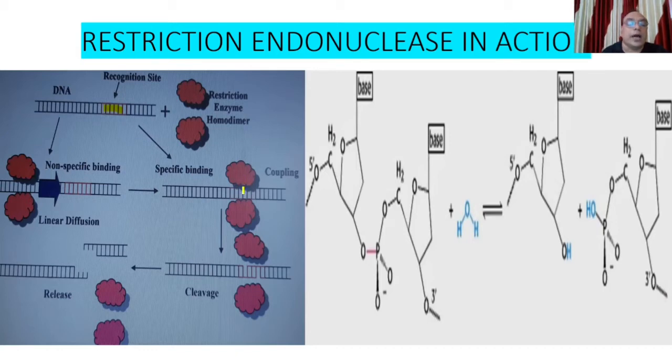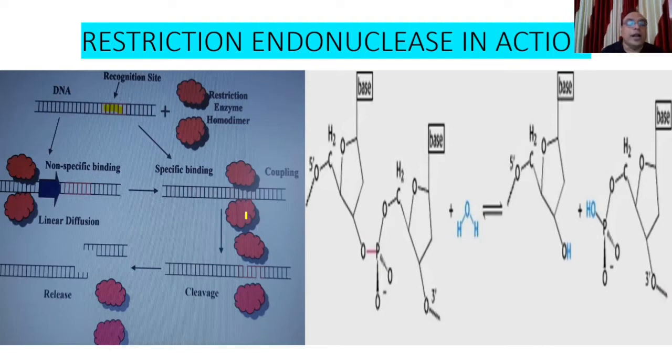The formation of these hydrogen bonds results in a specific grip over this recognition point, and that will result in the cutting with the help of bivalent magnesium ions.